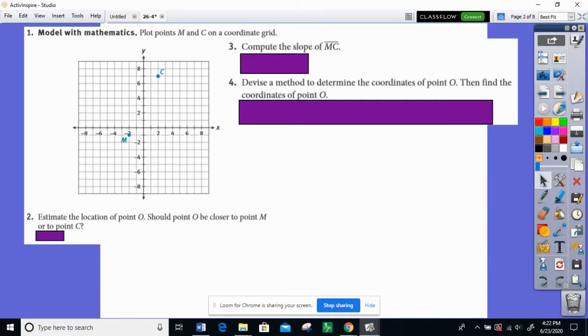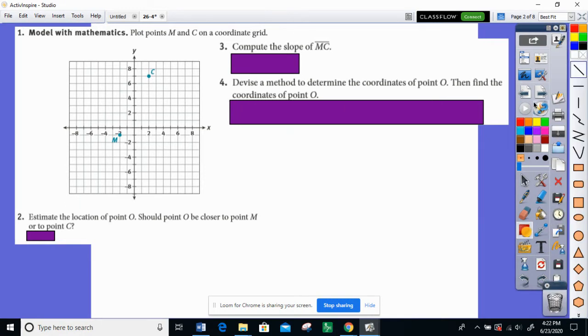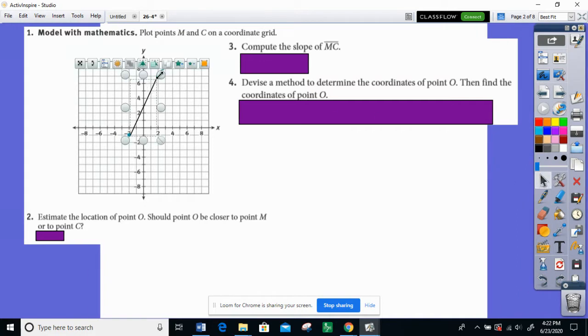So here is a graph where we have points M and C graphed on the grid, and we're going to go ahead and draw the line segment connecting those 2 points. Segment MC, we need to make that just a little bit longer. There we go.